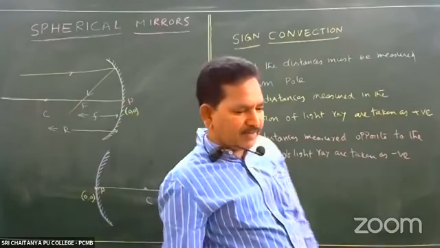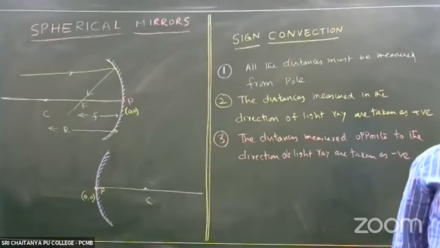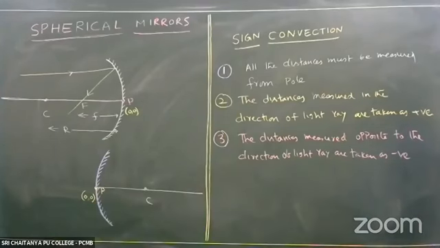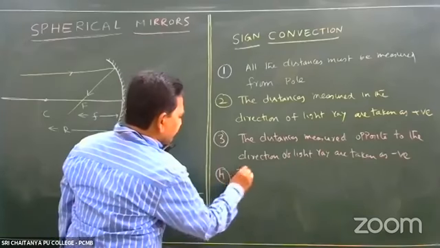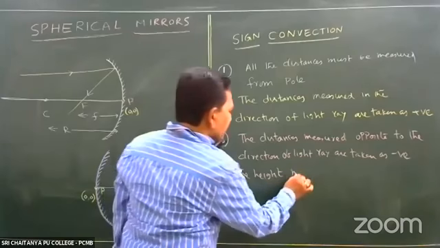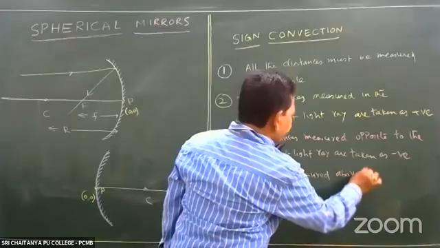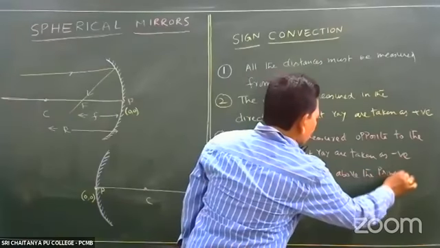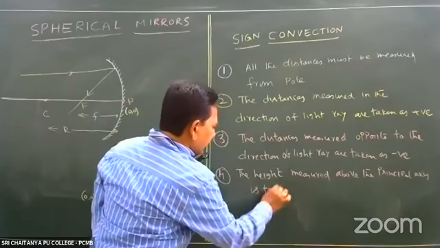If the light ray is traveling from left to right, imagine we calculate the distance from right to left, then those distances are taken as negative. Three completed. The fourth one, all the heights of object, image, the heights measured above the principal axis are taken as positive.